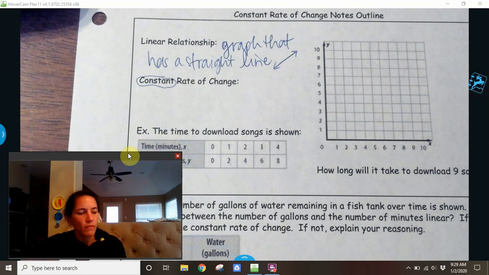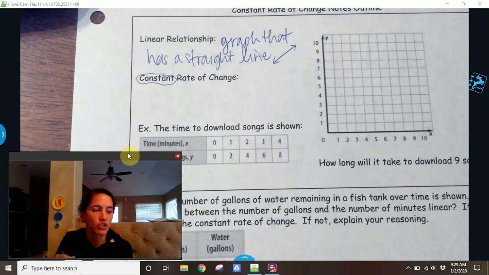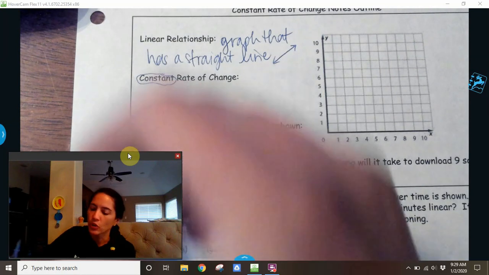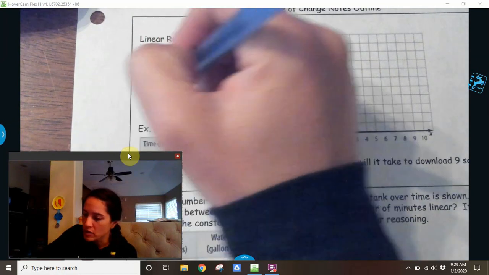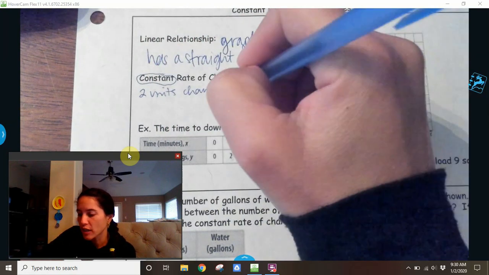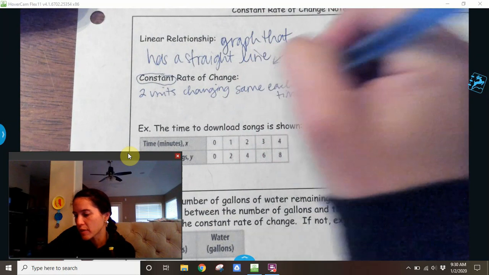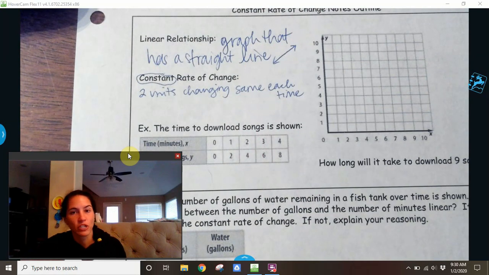And so the best definition I can give you for rate of change is 2 units changing the same each time. So 2 units that are changing at the same time.